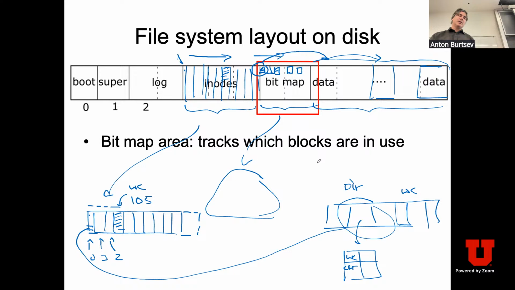You mean, are you talking about wearing out the SSD? So SSDs are funky. In general, yes, you can say that, but SSDs have internal algorithms to kind of level out the wear, right?